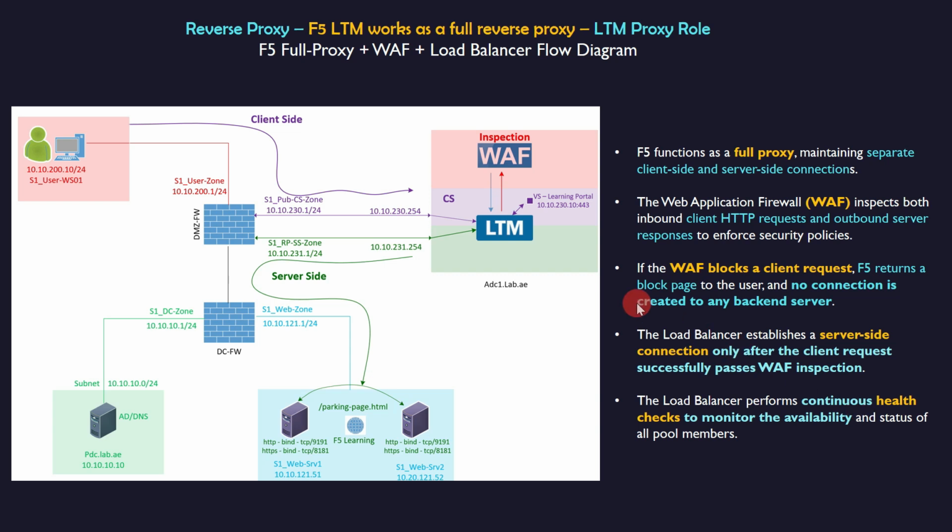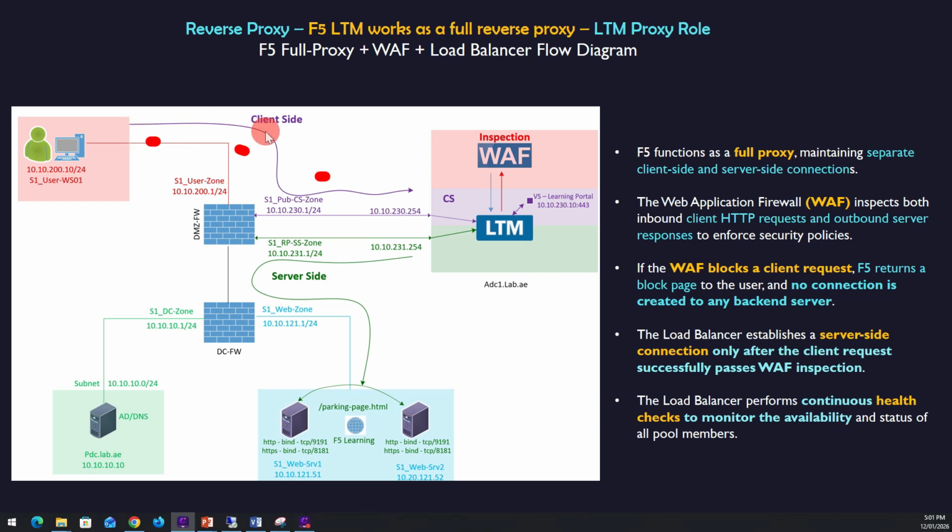Key points to take away from this video. F5 functions as a full proxy, maintaining separate client-side and server-side connections. The web application firewall does the security inspection for both the client request and server response.